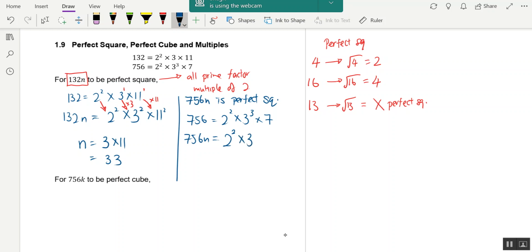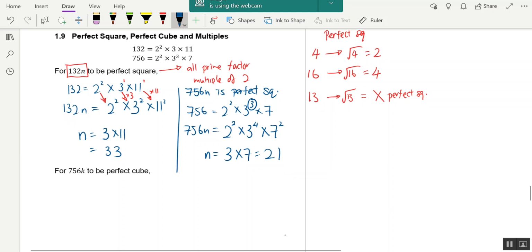For 3, the power must be 4, because it cannot be 3, since 3 cannot be divided by 2. Then 7 squared. So what is n equal to? n is equal to 3 times 7, which is equal to 21. And this is how you do perfect square kind of questions.